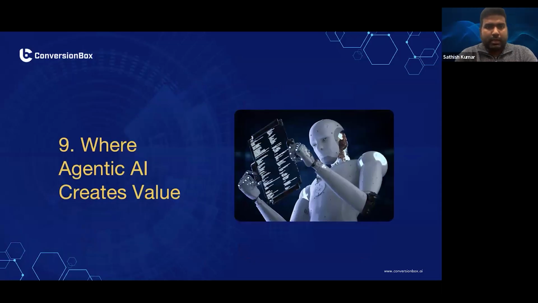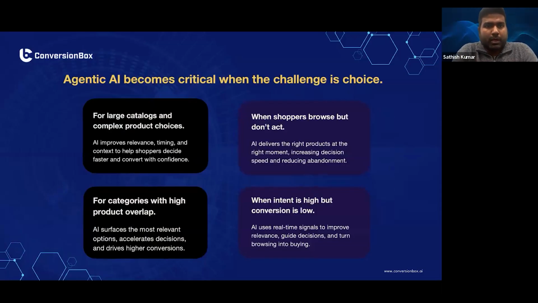Where does agentic AI create value? AI improves relevance based on the user need and intent. If you have a large complex catalog, the AI understands the intent and shows them the right product at the top of the page.